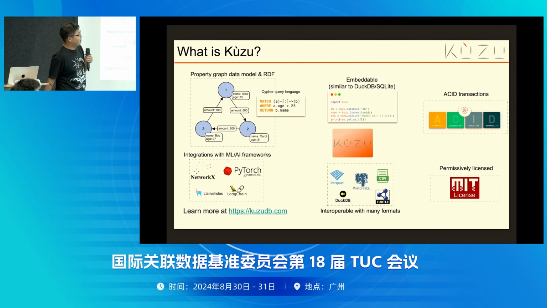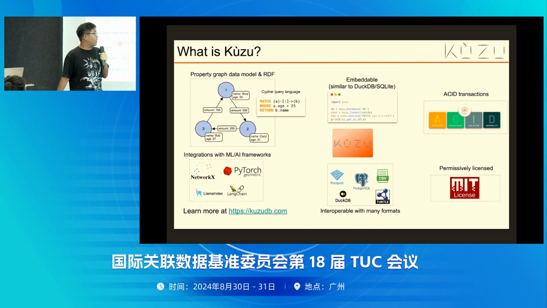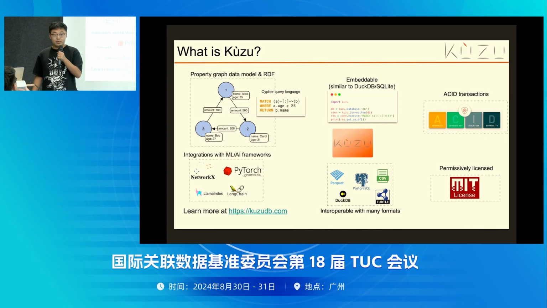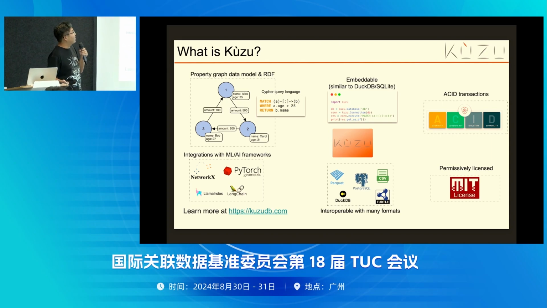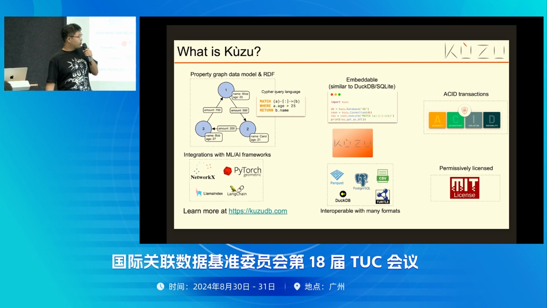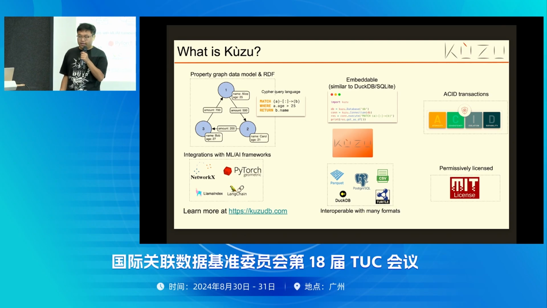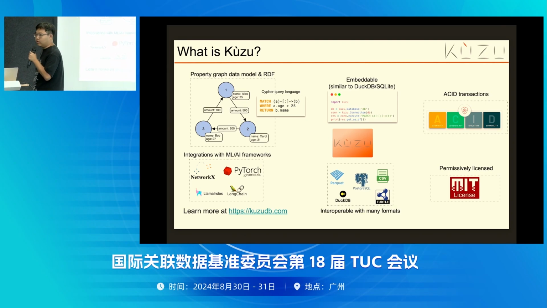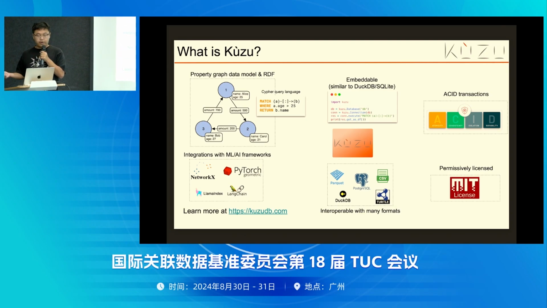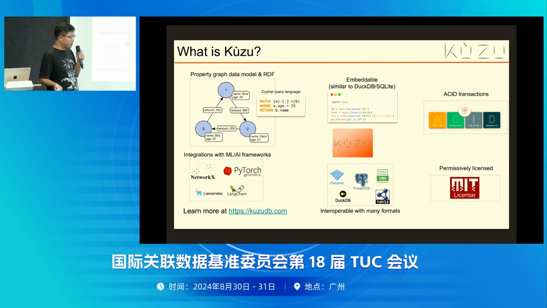Let's get into a little bit of a more technical side. Kuzu is an embedded graph database management system that implements the property graph model with the Cypher query language. It is designed to operate with various data formats like CSV, Parquet, JSON, or pandas data frame, or tabular data that exists in relational databases like Postgres.